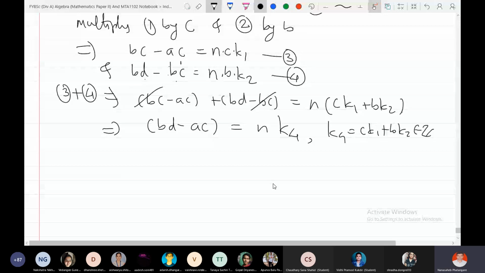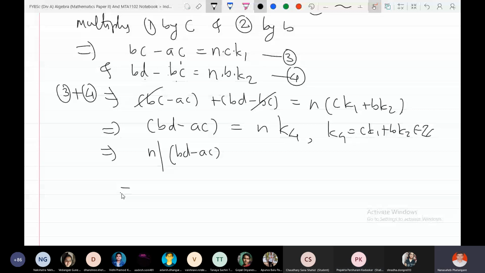So what is the conclusion? N divides BD minus AC. That means n divides AC minus BD, because when n divides BD minus AC, n divides its negative, which is AC minus BD. And what is the conclusion of this?